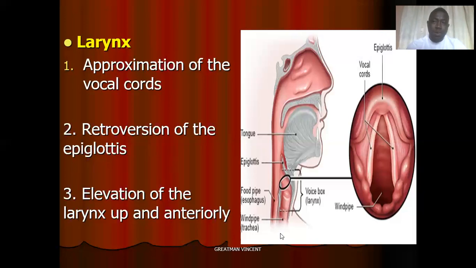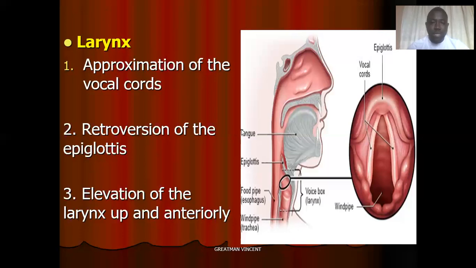So I've made mention of what happens at the nasal cavity, which number one talks about the elevation of the uvula, number two, the elevation of the soft palate, and then for the trachea, three mechanisms: approximation of vocal cords, retroversion of the epiglottis, and elevation of the larynx up and anteriorly.